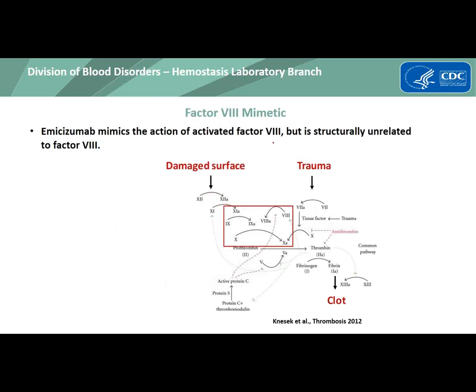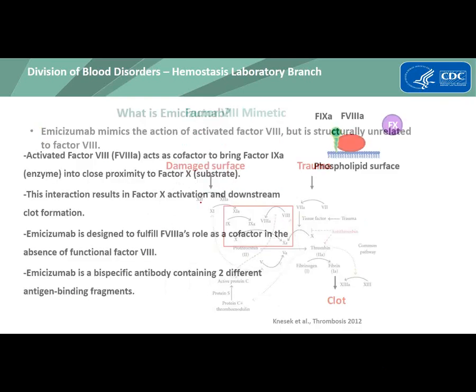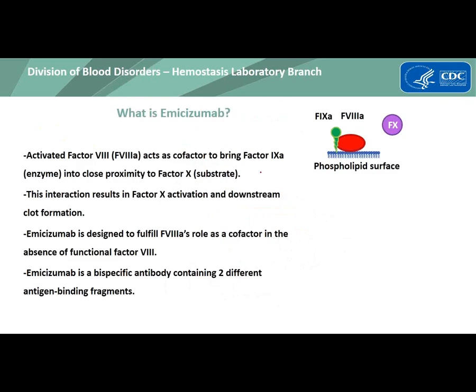So emicizumab is a factor VIII mimetic, and it mimics the action of activated factor VIII, but it's structurally unrelated to factor VIII. And we return to the coag cascade to orient to the emicizumab-relevant portion of the reactions. The players important here are factor VIII, factor IX, and factor X. In order to get a better idea of how emicizumab works, it's important to know what factor VIII's job is.